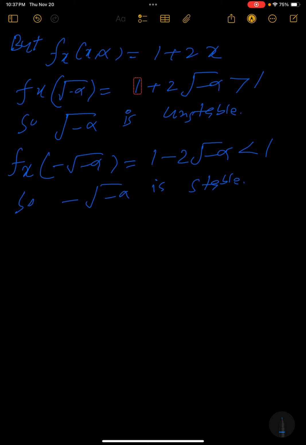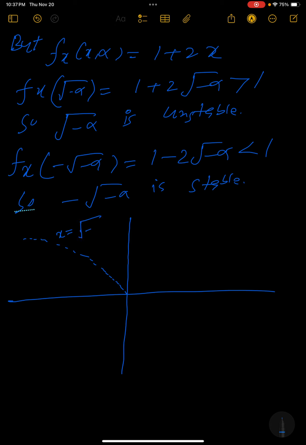Okay, if we see the bifurcation diagram, this is my x equal to square root of minus alpha, unstable.